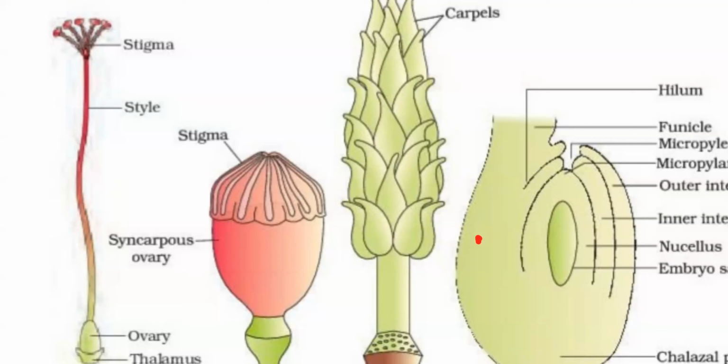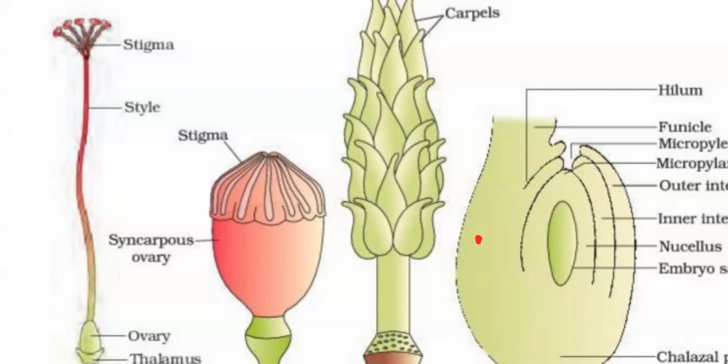To receive the pollen grains, it's a platform. Then you have an elongated slender part called style, a passage through which the male gametes will pass down from the stigma through the style up to the ovary. And the proximal part, the bulged part, is the ovary.